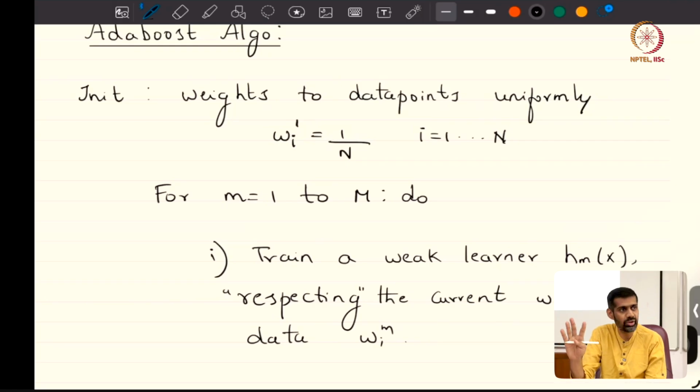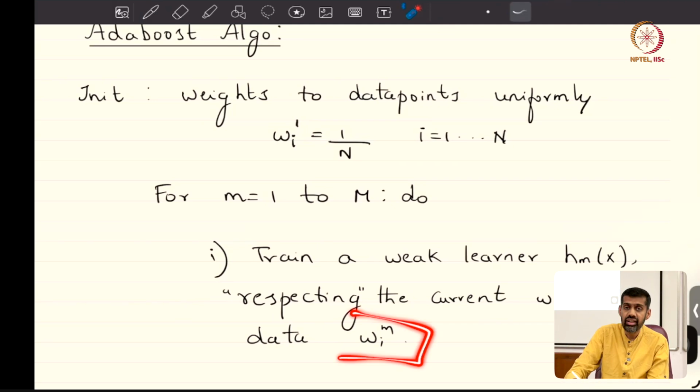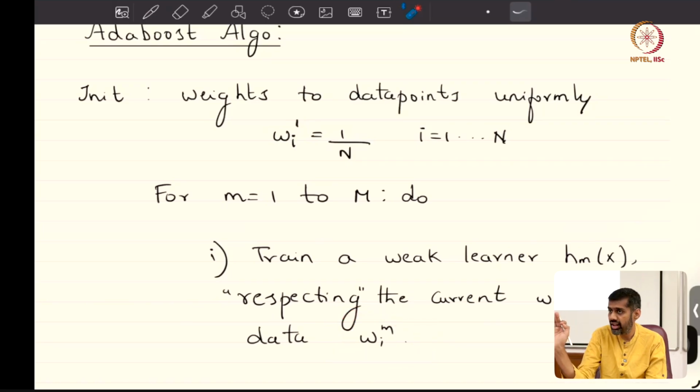I gave you 2 examples of how to do that. One easiest way is to sample the data in accordance with WIM. Do you all see that these WIs specify a distribution on data? Not on X, it specifies a distribution on sampling the data, isn't it? If there are 100 points, initially we started with 1 by 100 as the probability of picking a point. After we get this, it is not 1 by 100, it is this. If you normalize this, it is a discrete distribution which will give you the probability of the ith point being picked or unpicked. Make sense?